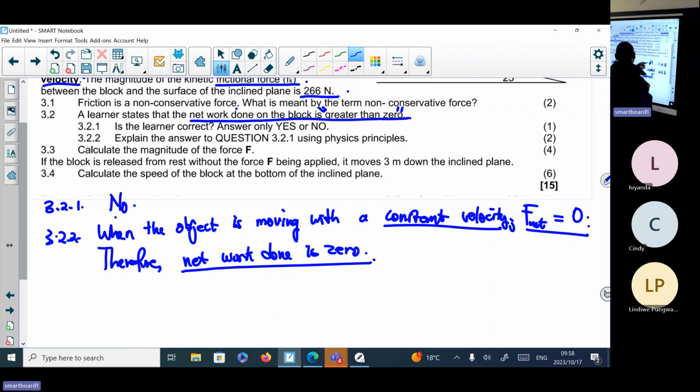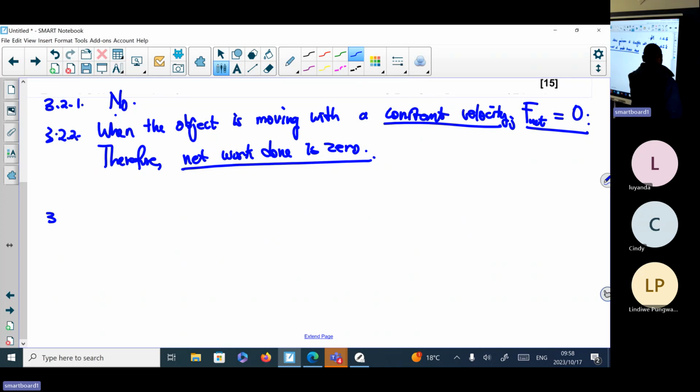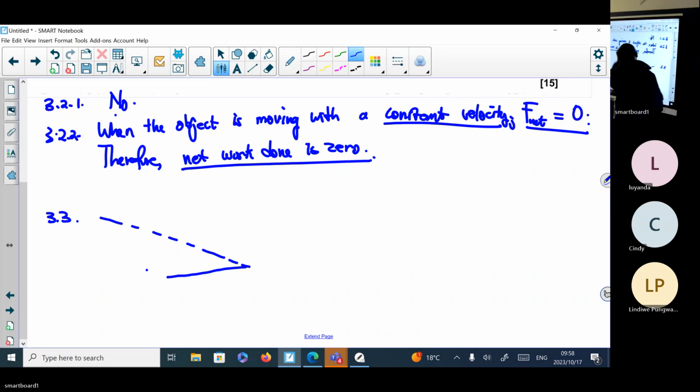And then we move on to question 3.3. Calculate the magnitude of the force F. How do we do that? We need to have a free body diagram. So we look at this object on the inclined plane, and we try to identify all the forces and draw the free body diagram.